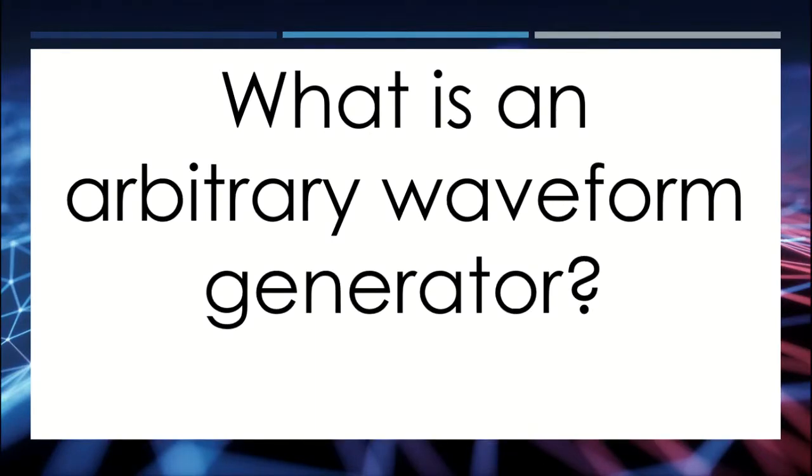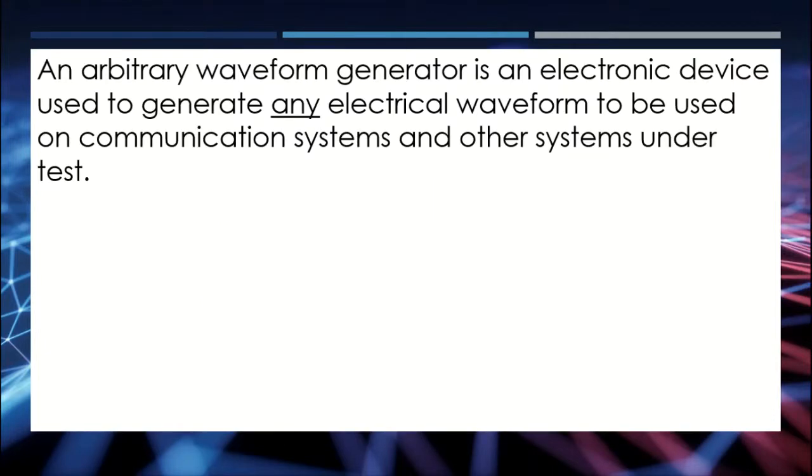If you remember from last week, we said that the function generator is capable of producing three main types of waves: a sine wave, a square wave, and a triangle, sometimes called a ramp. However, arbitrary waveform generators are capable of producing any electrical waveform that may be used, for example, in communication systems, or any other system you may want to have under test.